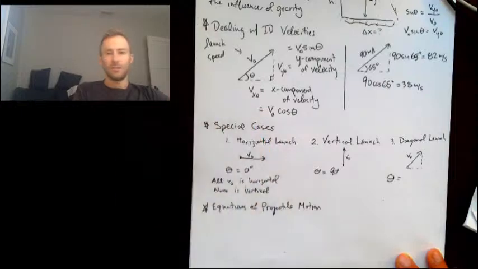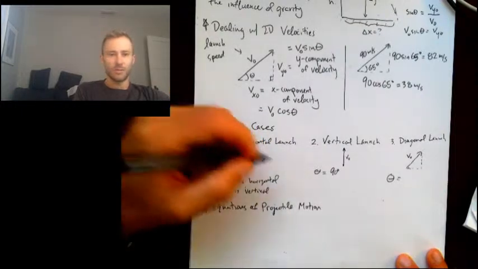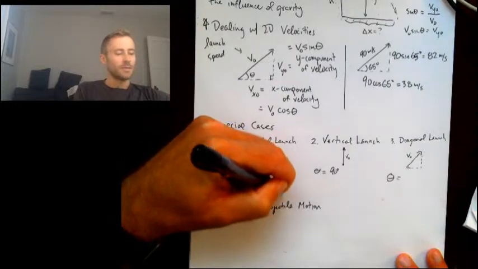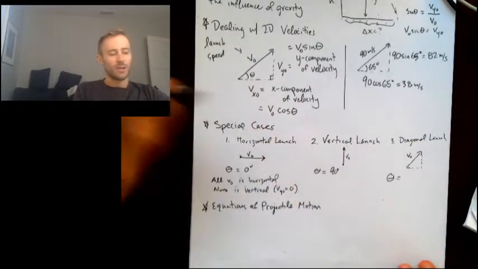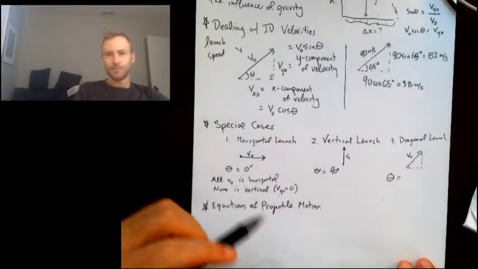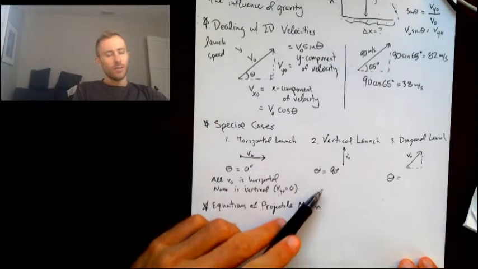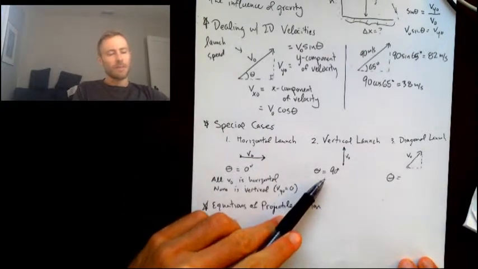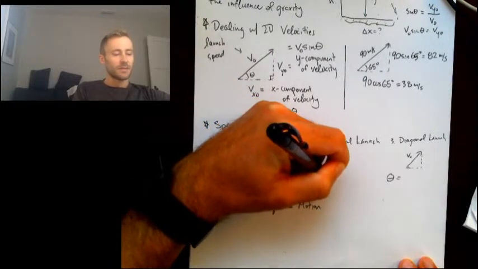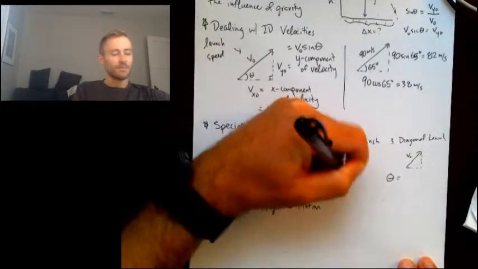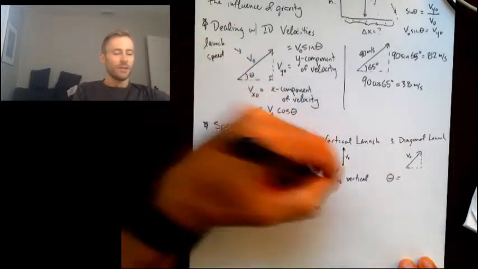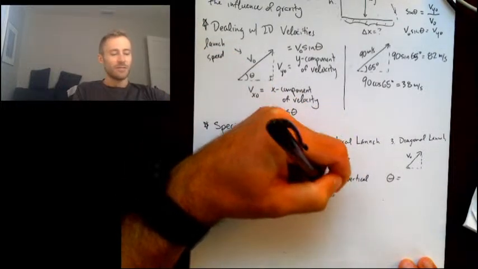So that means that if you launch something horizontally, Vy naught equals 0 because the initial y part of the velocity is not present. With a vertical launch, all of the velocity is vertical. So you have that Vx naught equals 0.